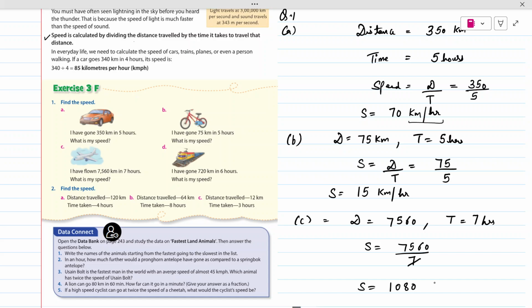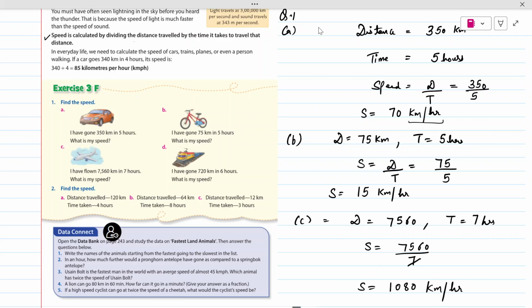When you divide it, kids, it will be 1080 kilometers per hour. So I hope this is clear. The distance is given to us in every case, the time is given and we know the formula, that is, speed is equal to distance by time, and we can calculate the speed in every case.